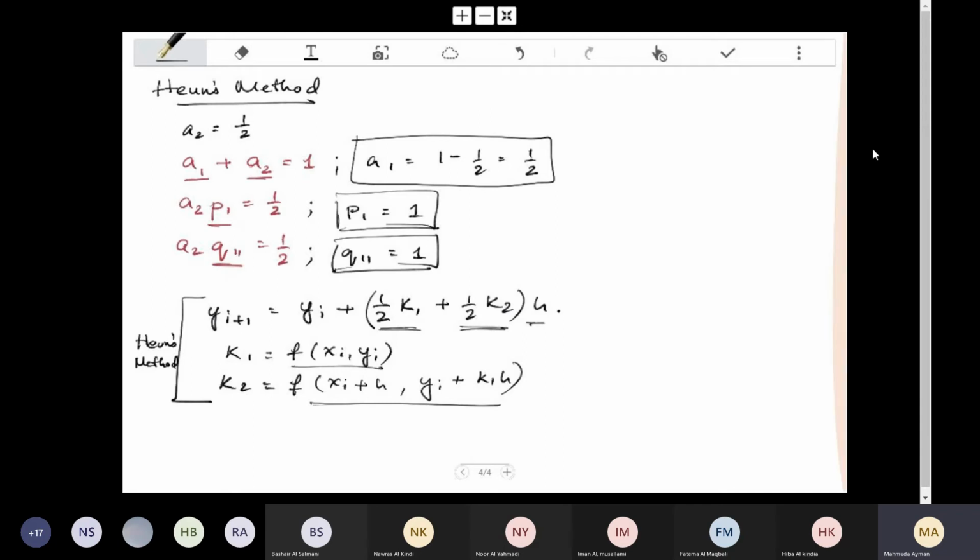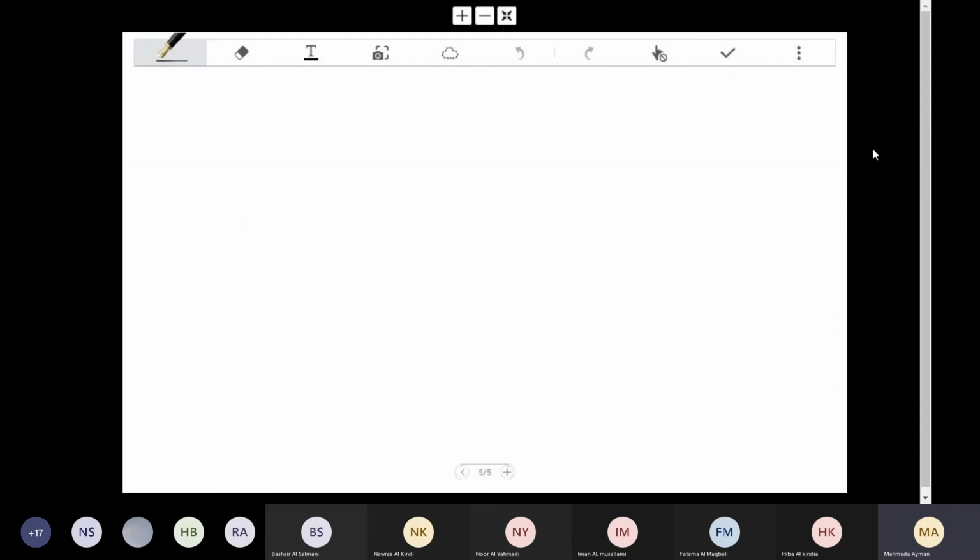And now let's go ahead and look at the midpoint method. In the midpoint method, we are choosing the value of a2 as 1. If a2 is 1, then a1 plus a2 is equal to 1, the first equation, so a1 is equal to 0 because 1 minus 1 is 0.